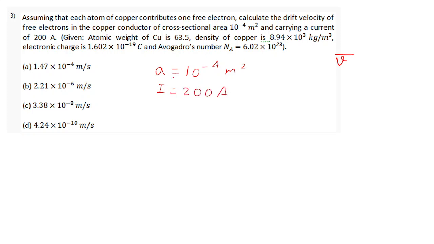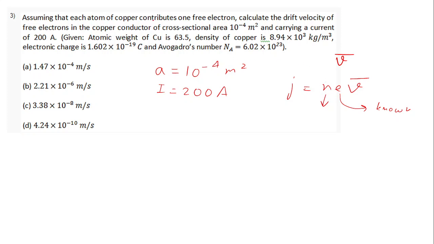We have to calculate drift velocity. Now we can use this formula. Current density we will calculate because we have current and area. The charge of electron we know. The only unknown thing to calculate is the number density.